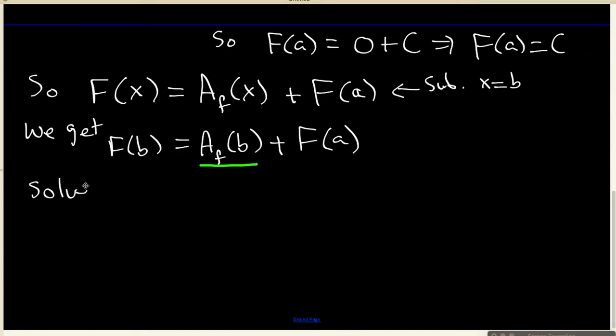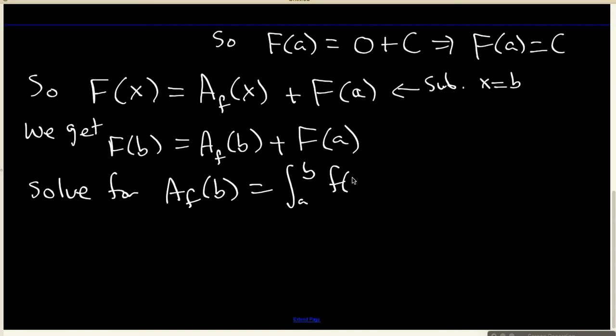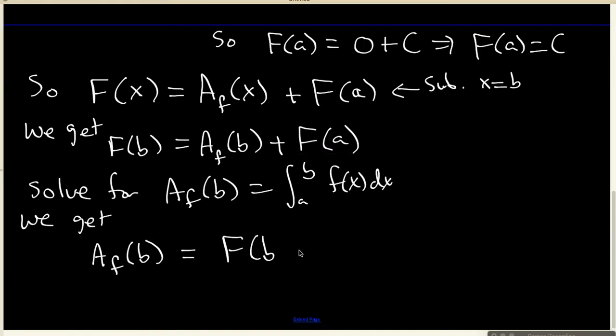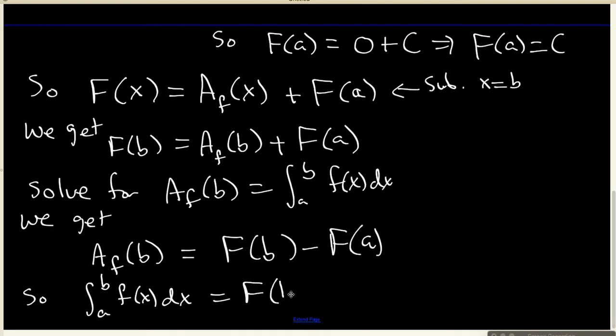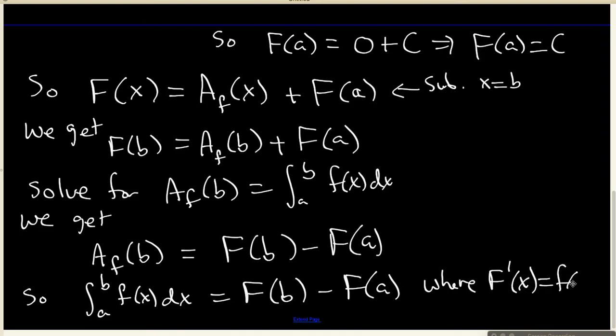So if we solve for the area that we are trying to find, we get, subtract f of A off both sides, and we get the area accumulation function at B is going to be capital F of B minus capital F of A. In other words, the integral between A and B of little f of x dx is equal to capital F of B minus capital F of A, where capital F is any antiderivative of little f.